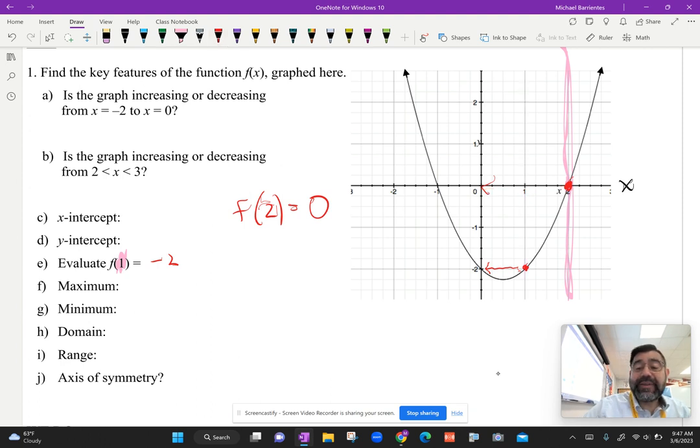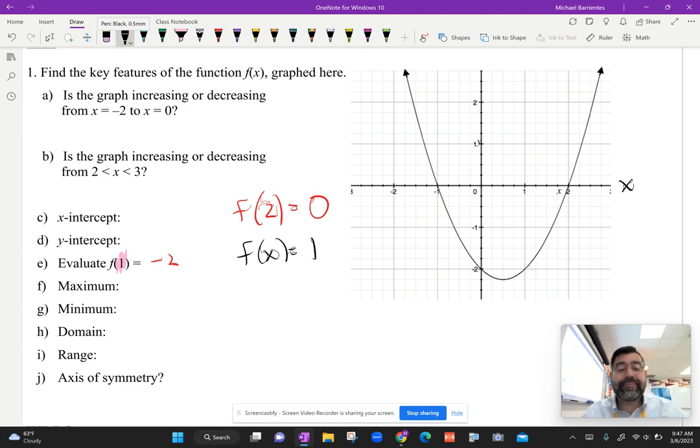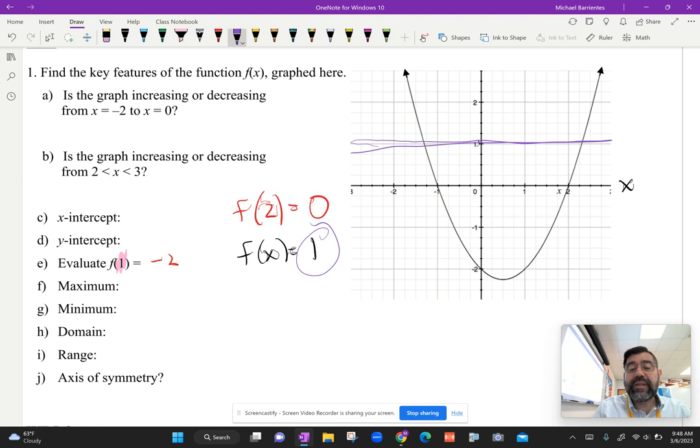Now that's different. Let me erase all this. That's different than if I ask you, what is f of x equals, let's say, 1. Now I'm asking you, using the function f, what is the x value that produces an output of 1? Well, now this says, okay, here's the output of 1.